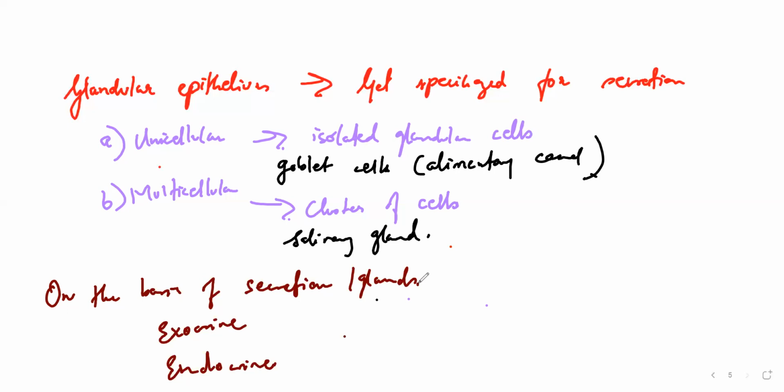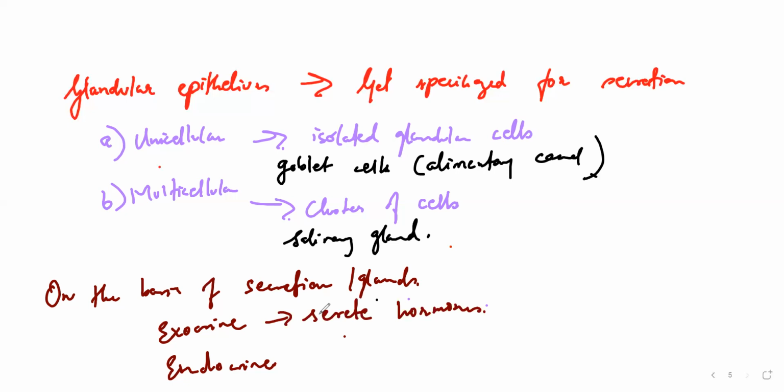So what are exocrine glands? Sorry, endocrine glands secrete hormones.